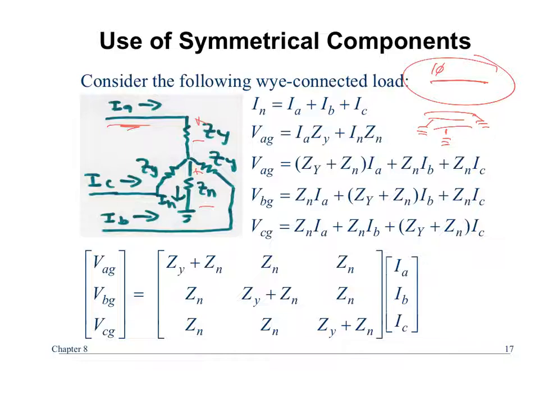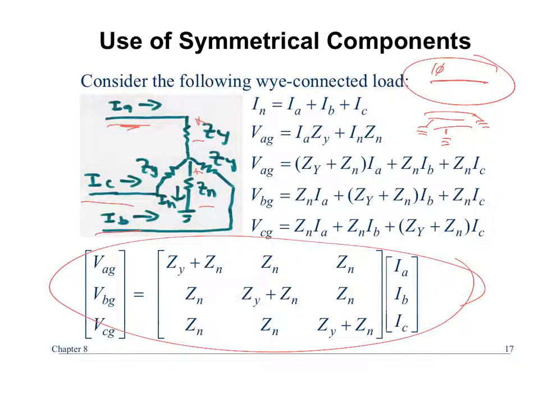We're basically doing KVL to ground. And we do the same thing for B and C, and we can build that matrix based on that fact, right? ZY plus ZN is in phase A, and then the other ones are just ZN, right? Because there's no B current going through phase A. It's all phase A current.